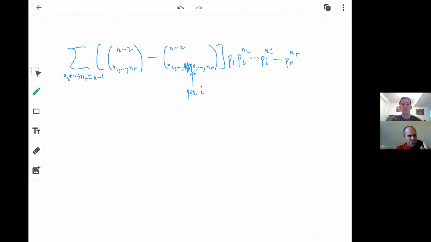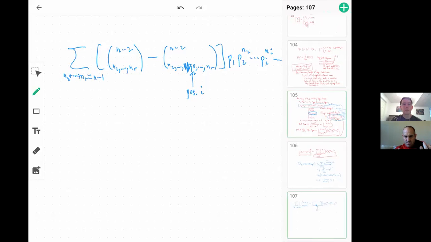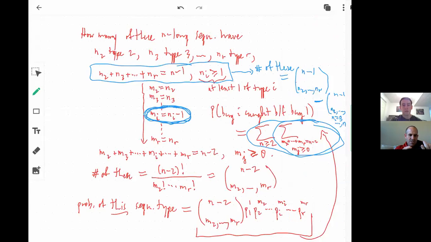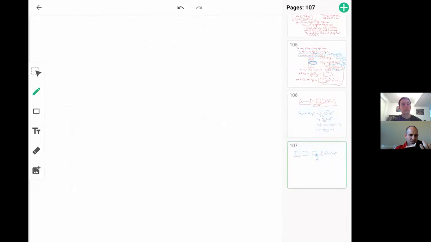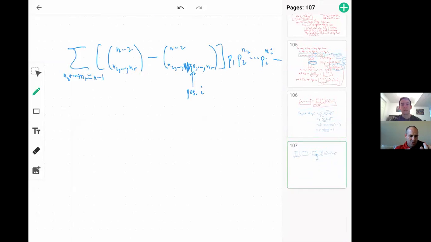Or, is it n minus 2? Wait, is it n minus 2? These things add up to n minus 1. You understand? So I have n minus 1s everywhere here. So actually, these should be n minus 1s.